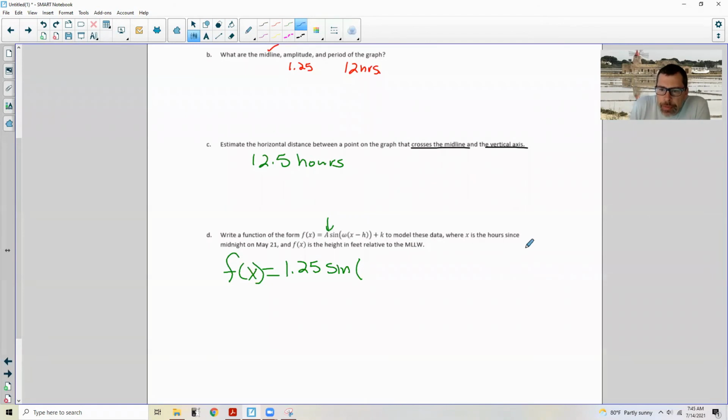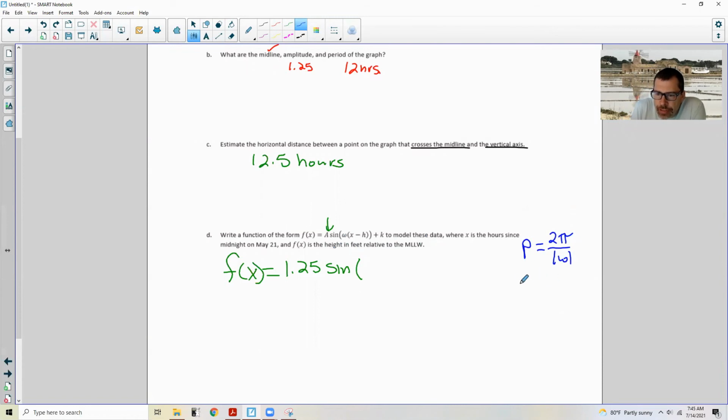Okay, what we need to remember is that the period, let's just say P, is equal to 2 pi over the absolute value of omega. And we want to know what omega is. So to solve for omega, we just have to rearrange this.